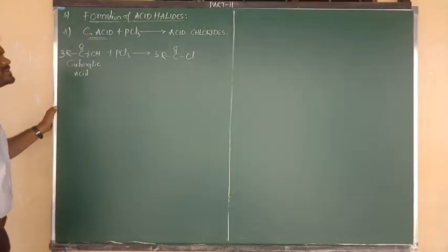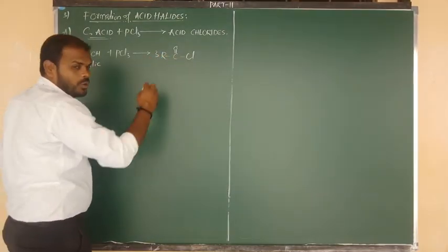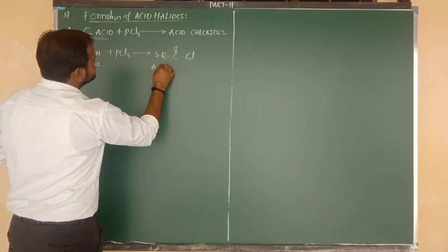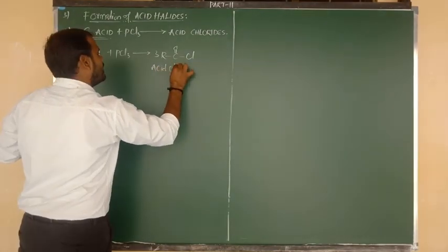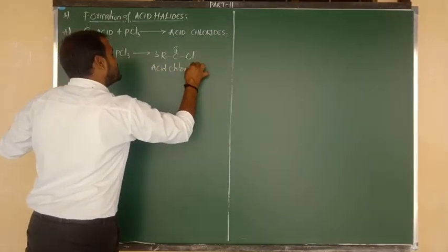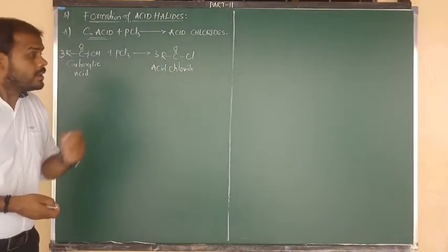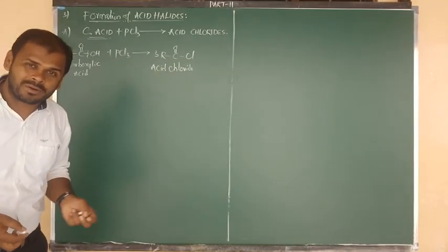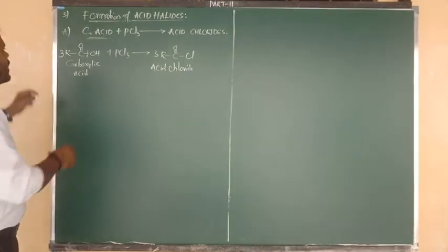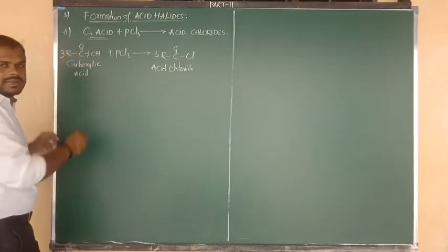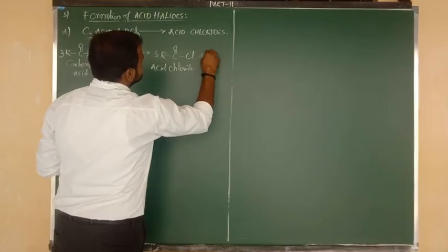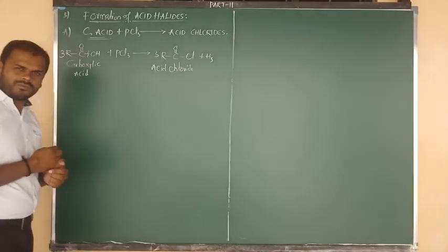So this is your acyl chloride, and the name of this compound is acid chloride. Very good. Sir, what will be the byproduct? Here the number of hydrogens is 3, so I write H3.